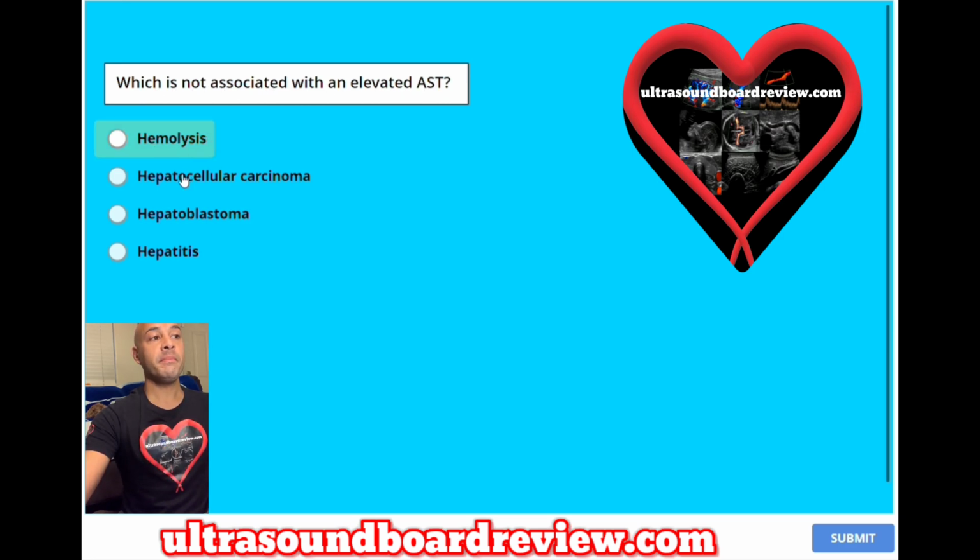A, hemolysis, B, hepatocellular carcinoma, C, hepatoblastoma, or D, hepatitis. The answer is C, hepatoblastoma.